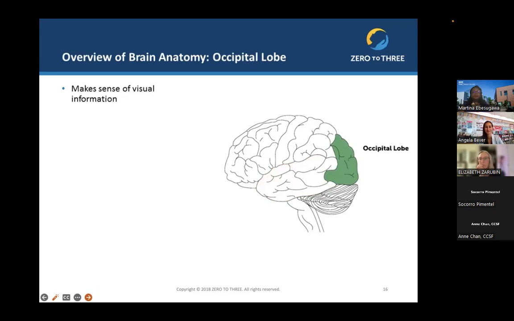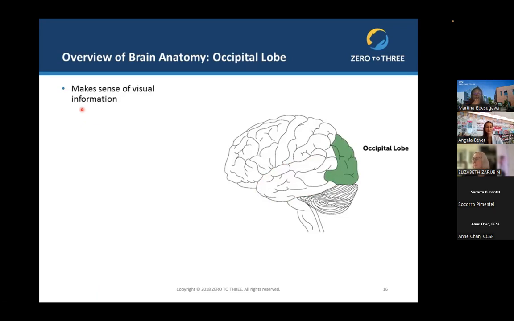So as I mentioned, the occipital lobe has to do with visual information. So being able to process visual information. So again, the child who is visually stimulated in the classroom. So a lot of times as teachers, we like to decorate our classrooms and put things hanging from the ceilings and things like that.